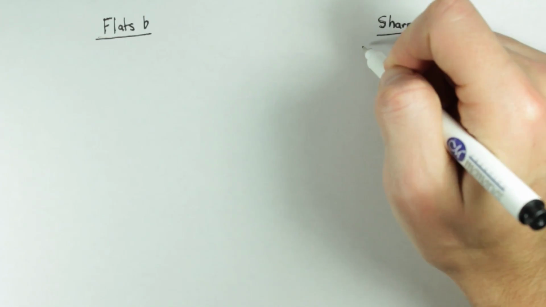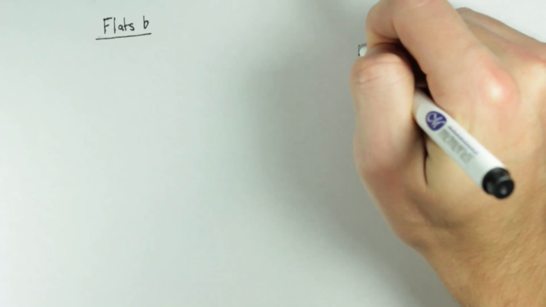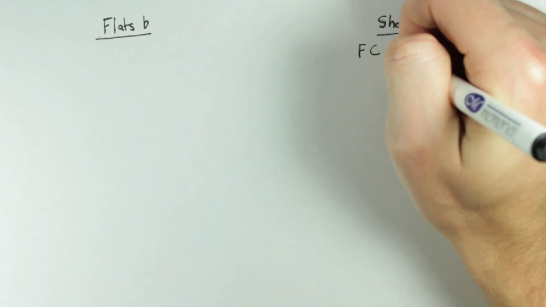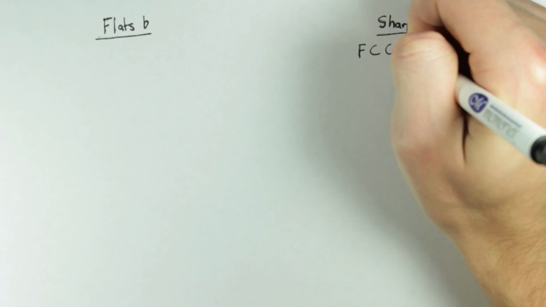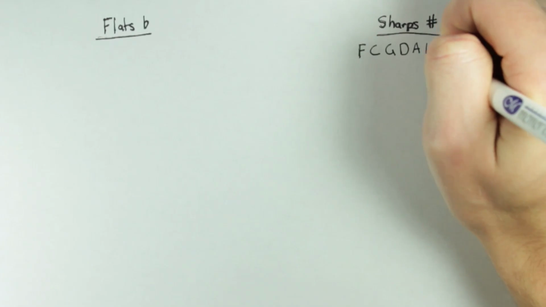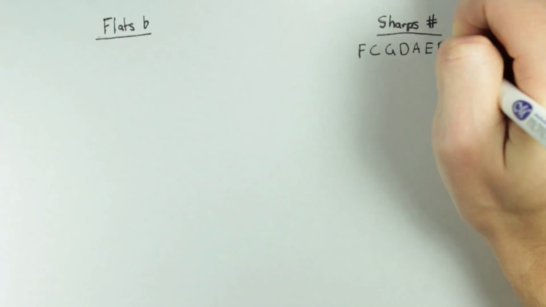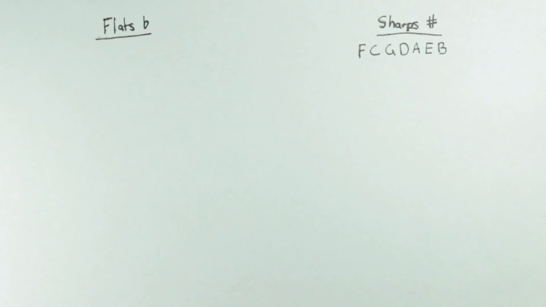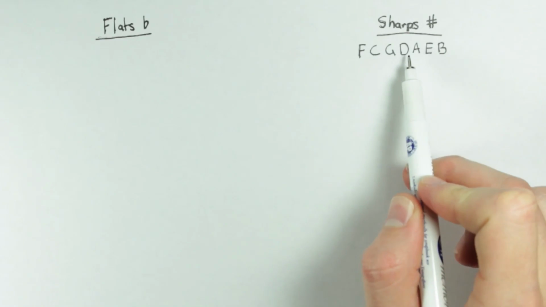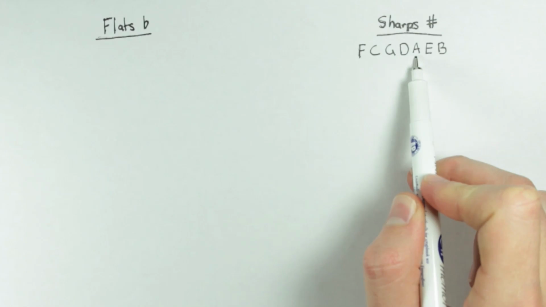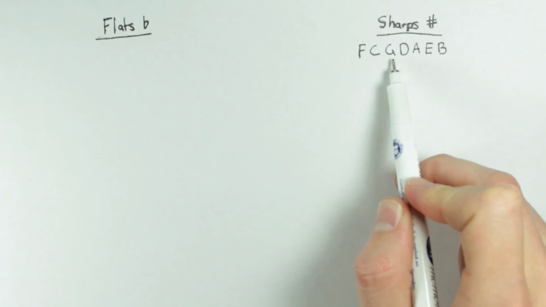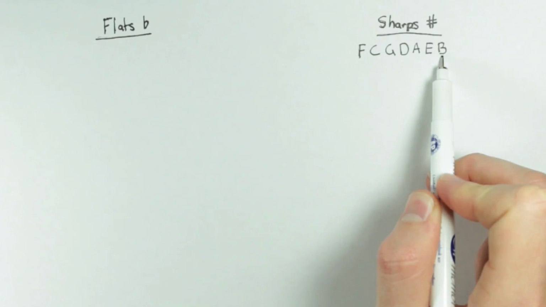So if we write F, C, G, D, A, E, B. Foreign countries go down after every battle.